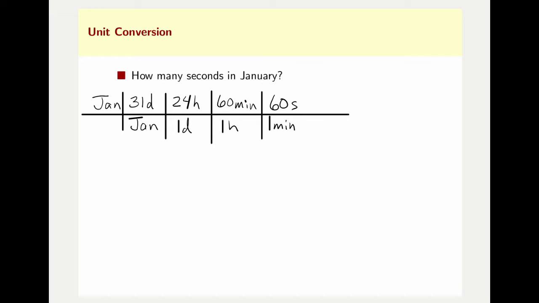Let's check the cancels. January, January, day, day, hour, hour, minute, minute, and what I have left is this single unit of seconds, which is good because that's what I want. Now collect numbers.